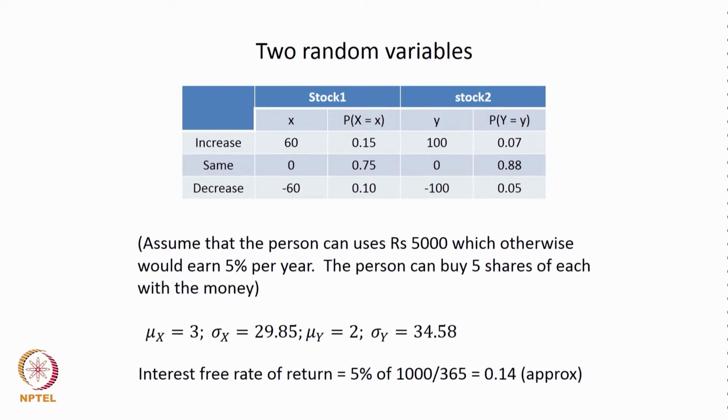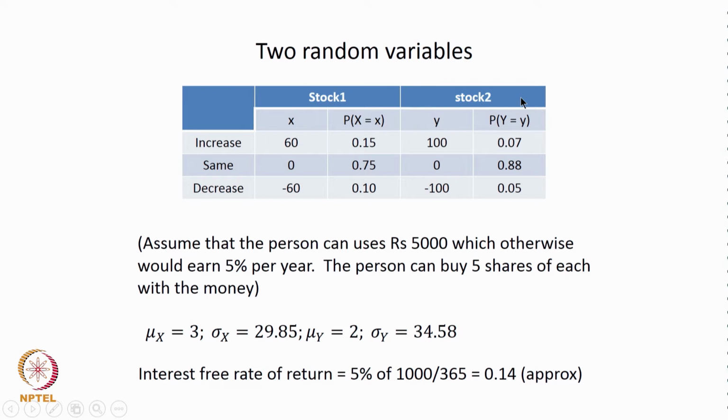So let us assume that the random variable x takes 3 values, which means it can increase by 60 with a probability of 0.15. It remains the same with probability of 0.75 and decreases by 60 with a probability of 0.1. The second stock called y can also take 3 values 100, 0 and minus 100 with the associated probabilities given here.